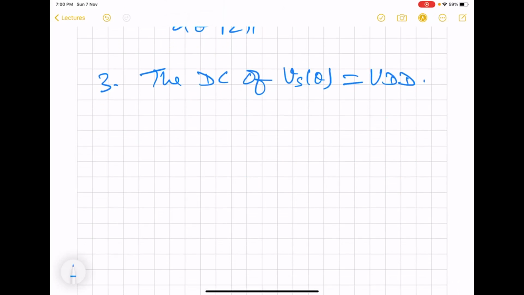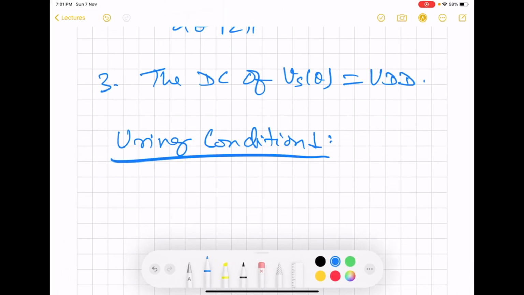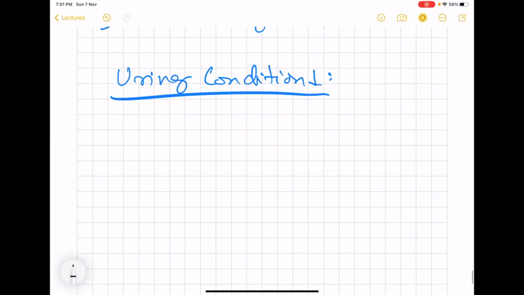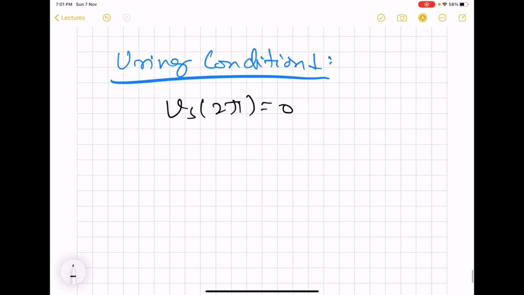So now we try to use the first one. We substitute this in the expression for the voltage waveform that we derived, and that gives rise to this expression.